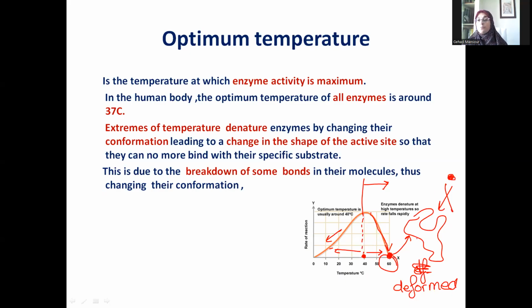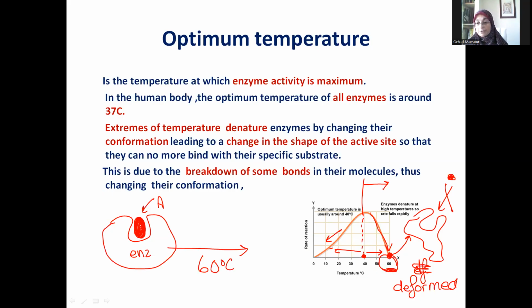The substrate can no more fit with the enzyme because of the change in the active site, meaning that if the active site was shaped like this, for example, and substance A was capable of fitting with the enzyme active site, if you heat at 60 degrees Celsius, which is the highest temperature here on the x-axis, then the shape of the active site and the shape of the enzyme molecule would change, and A is no more capable of fitting with this deformed active site.